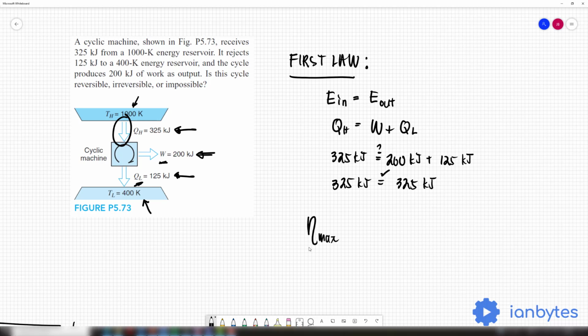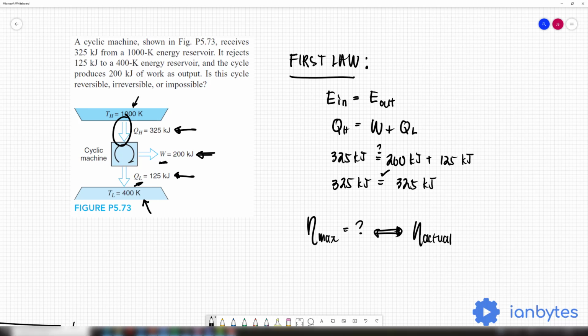So we first need to solve for eta max, the maximum efficiency of our cyclic machine, and compare it with the actual efficiency of our machine. Of course, kung ang ating actual efficiency ay mas mababa sa ating maximum efficiency, then we say that our process is irreversible. If the maximum efficiency is equal to the actual efficiency, then masasabi natin na ang ating cyclic machine ay nag-undergo ng isang reversible cycle.